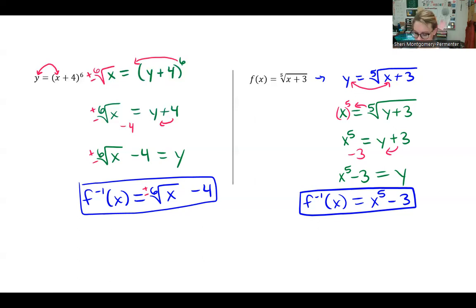So inverse functions, you switch x and y, solve for y.